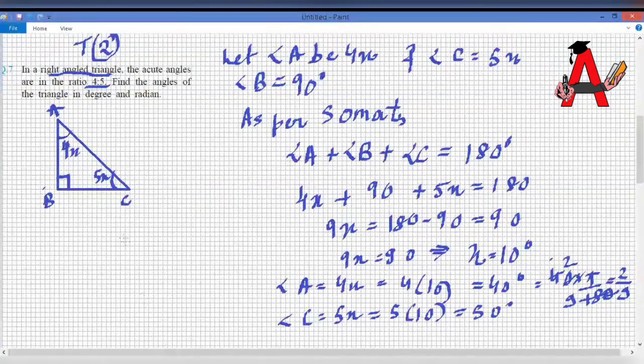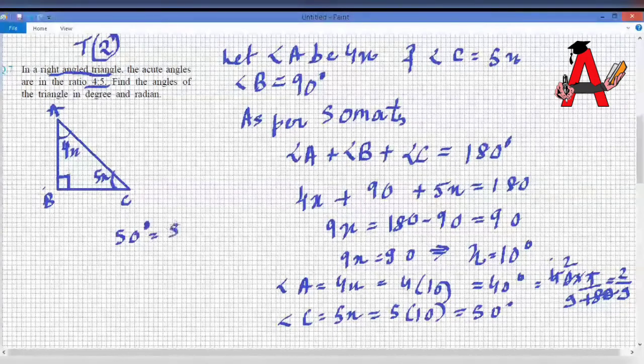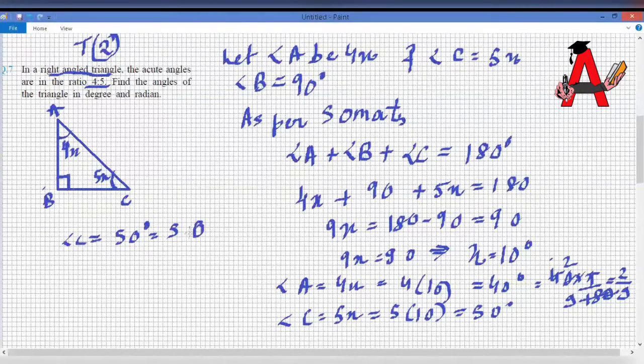So how do we convert that? You can simply write angle C is equal to 50 degrees, which is equal to 50 into pi upon 180 radians. This is 5 by 18 pi radians. This is similar to type 1.